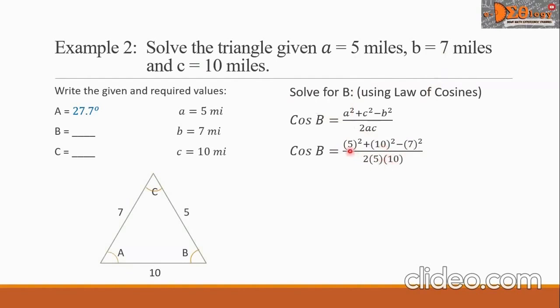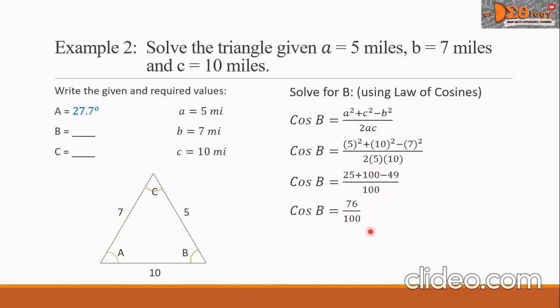Simplifying further, 5 square is 25 plus 10 square is 100 minus 7 square is 49, all over the denominator, which is the product of 2 and 5 and 10, and that is 100. Simplifying the numerator, 25 plus 100 minus 49, we will get 76 over the denominator 100.